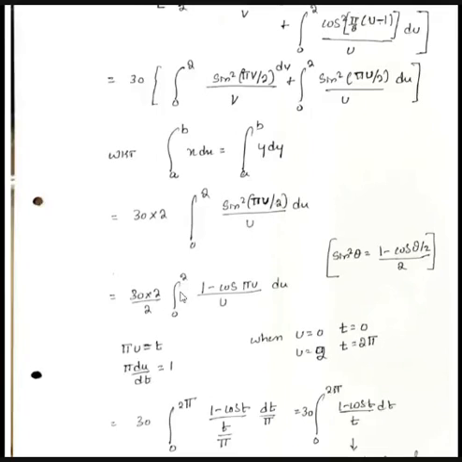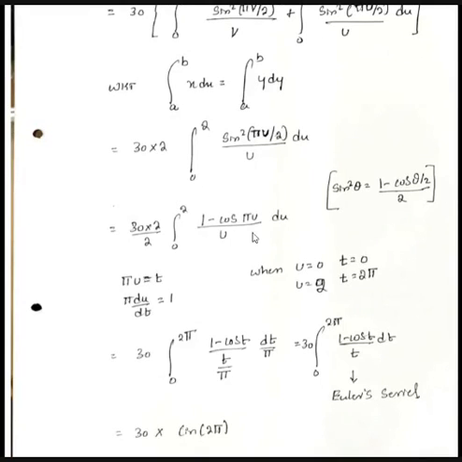Okay, so now if we take the sin square here, sin square of theta is nothing but 1 minus cos 2 theta divided by 2, just substituting this thing here. So we are going to get 1 minus cos of pi u. Pi u divided by 2, that 2 you can take outside, they cancel out each other, and you will have only 30 value here.